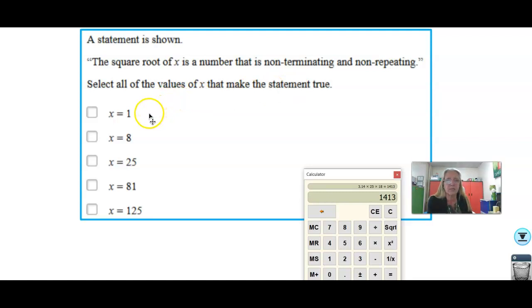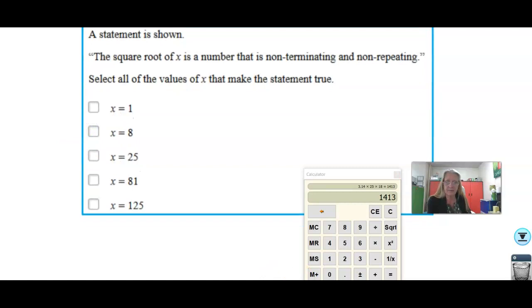So what we're looking for is numbers that are not perfect squares, okay? So for example, 1 is not one we're going to pick because the square root of 1 is 1. That terminates, that's all there is. 8 is not a perfect square, so we would pick 8 for one of our solutions. Because if you put the square root of 8 in a calculator, you're going to get a decimal that is not repeating and not terminating.